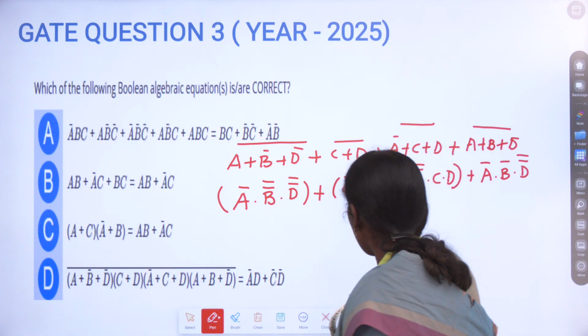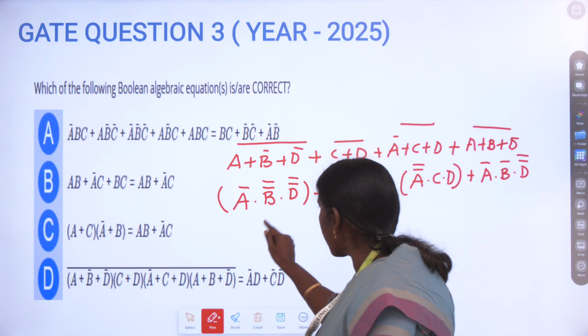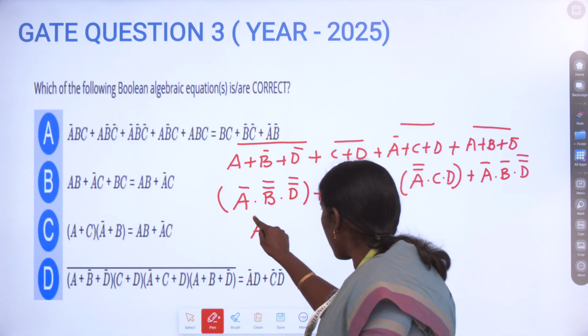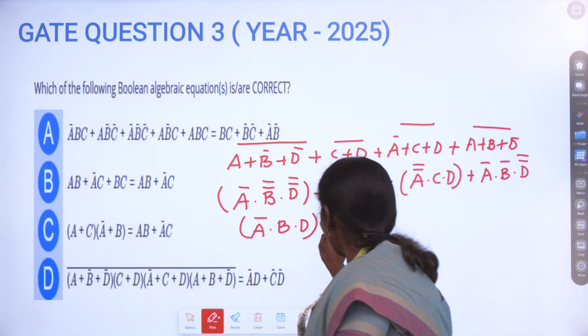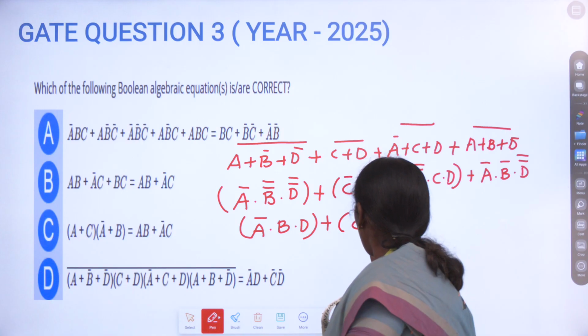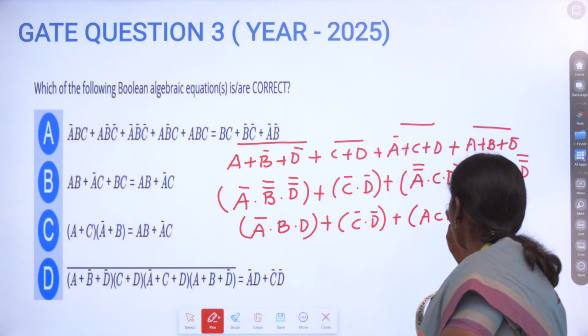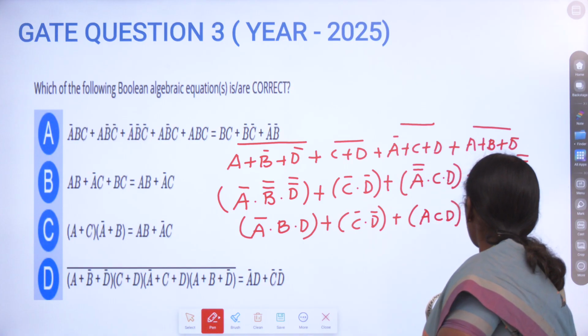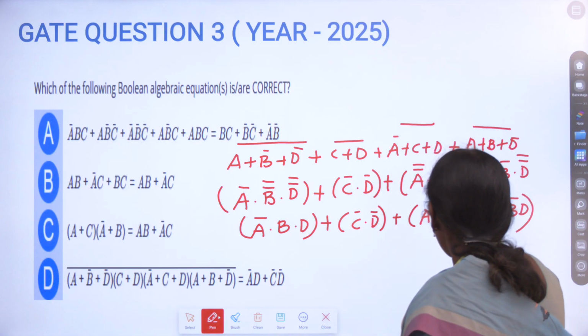We know that a double bar means the same term. So A bar dot B dot D plus C bar dot D bar plus A C D plus A bar B bar D. Now we can check which terms are equal.